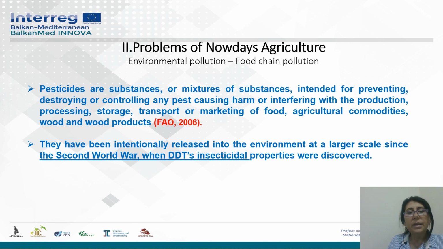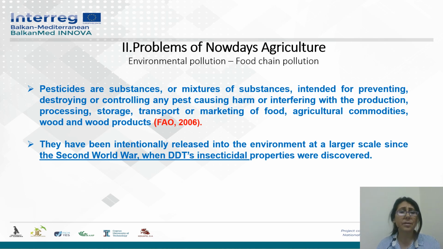They have been intentionally released into the environment at a larger scale since the Second World War, when DDT's insecticidal properties were discovered. So, to clarify, before the Second World War, chemicals were not used for plant protection or other purposes.